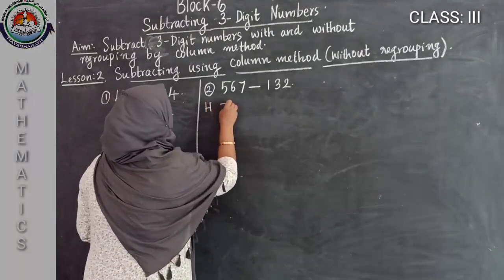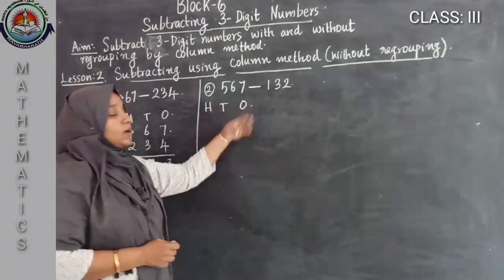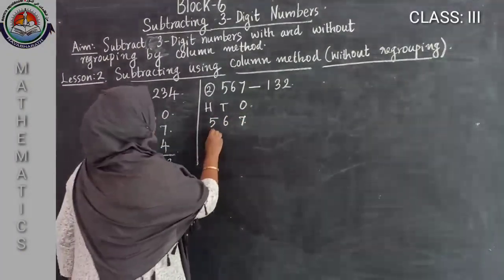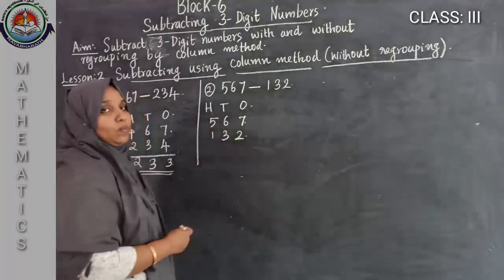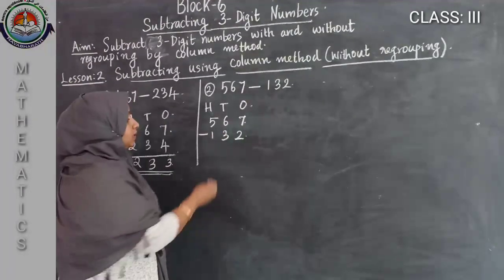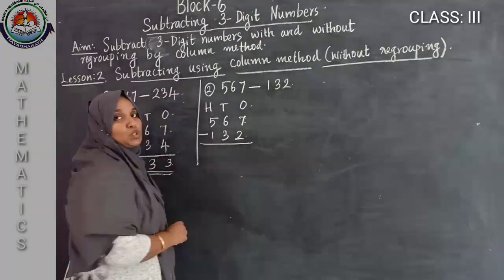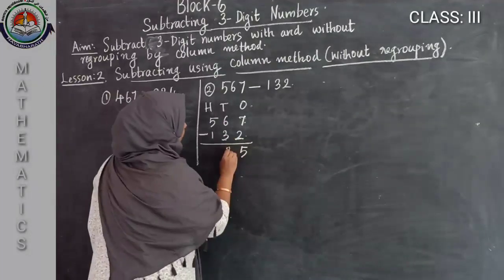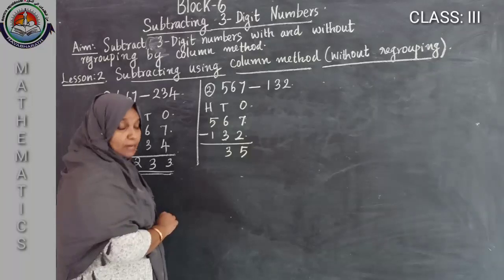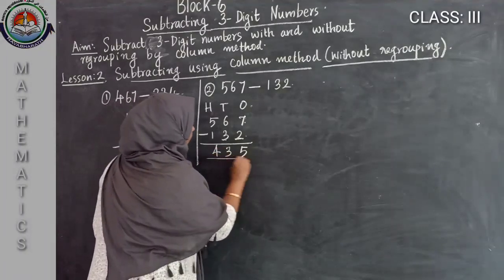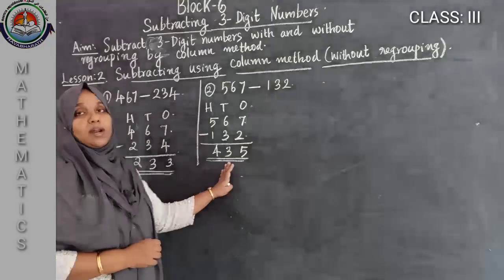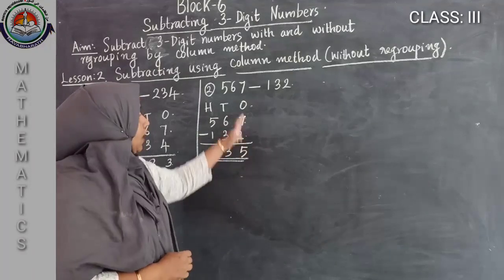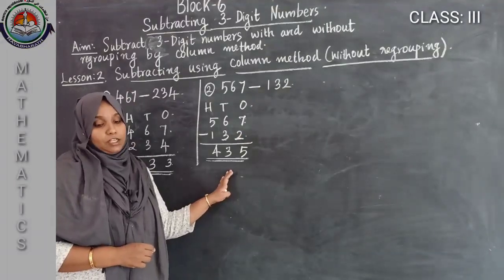So we have to write the hundreds, tens and ones in a column. 5, 6, 7, then 132, put a minus mark and then subtract. 7 minus 2 is 5, 6 minus 3 is 3, and 5 minus 1 is 4. So the answer we got is 435. The number we get after subtraction is called the difference, and the difference we got is 435.